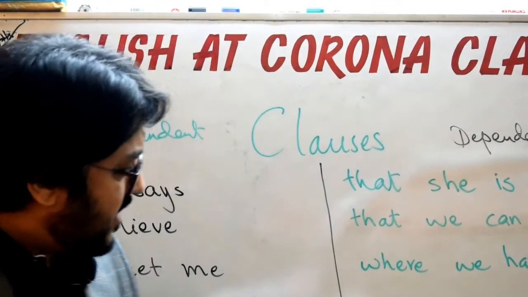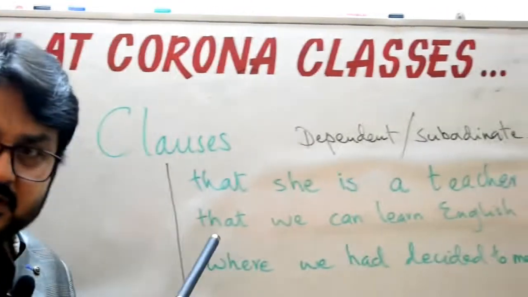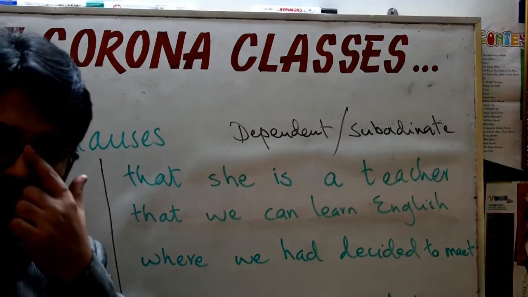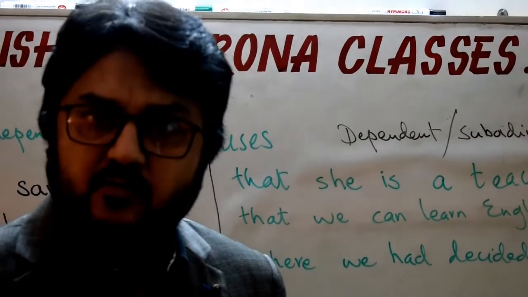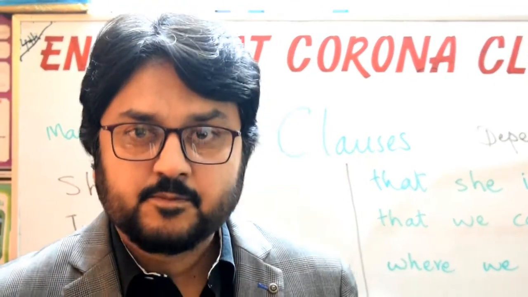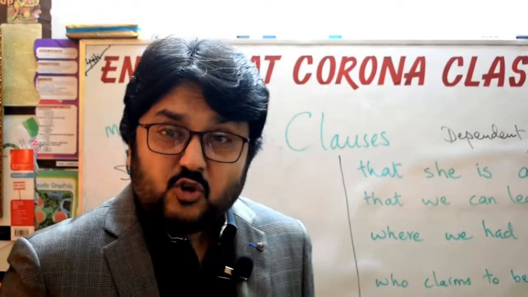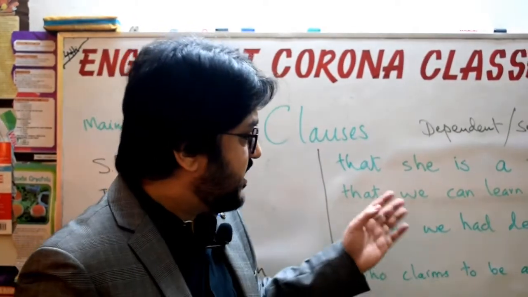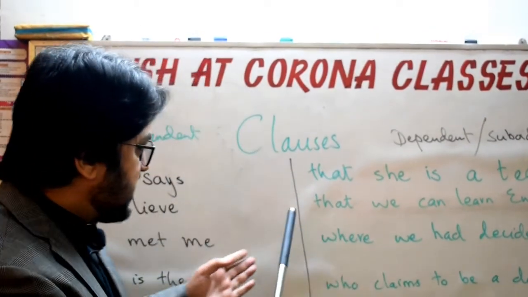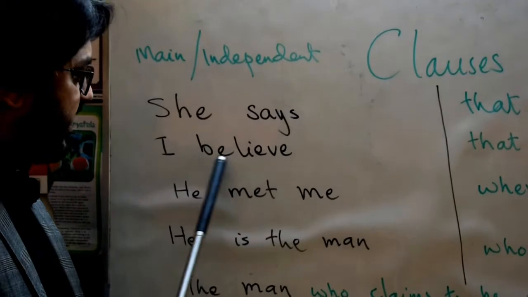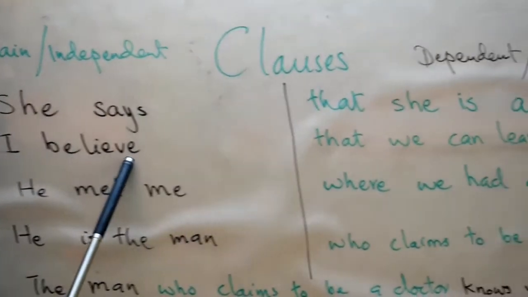Okay, look at the other subordinate clause, that we can learn English. If we keep on saying that we can learn English, will you be able to understand that we can learn English without adding this clause to the main clause? I believe what?